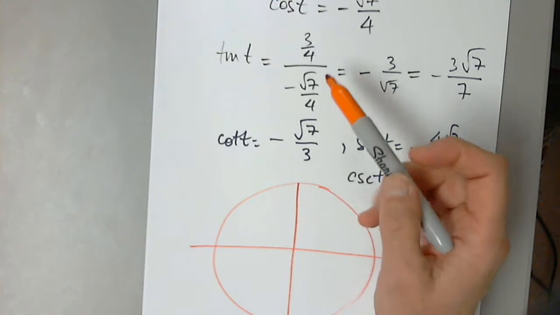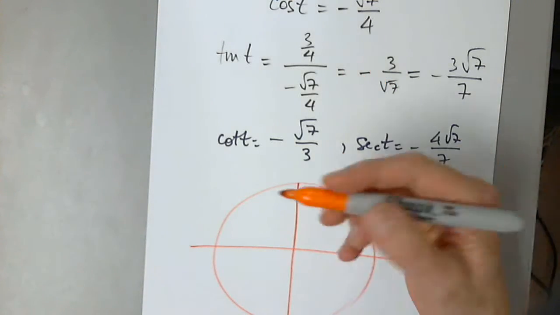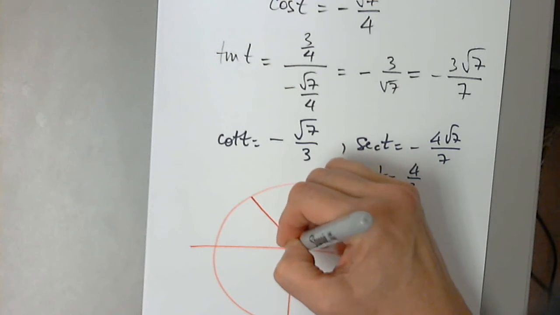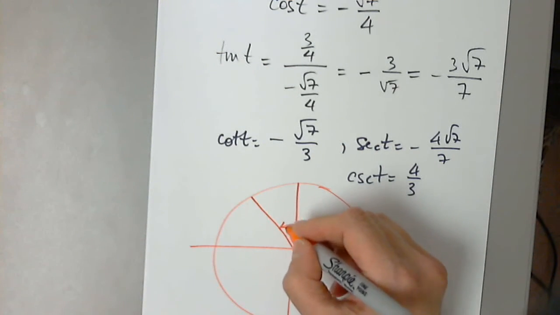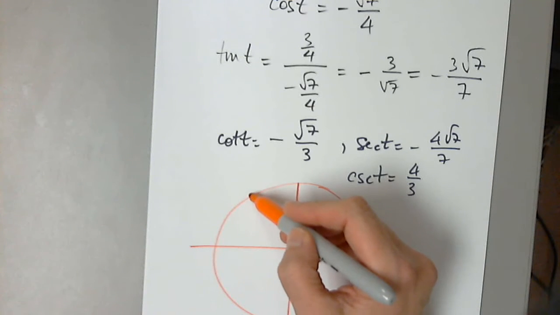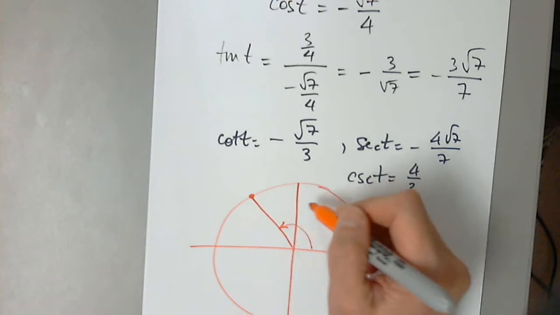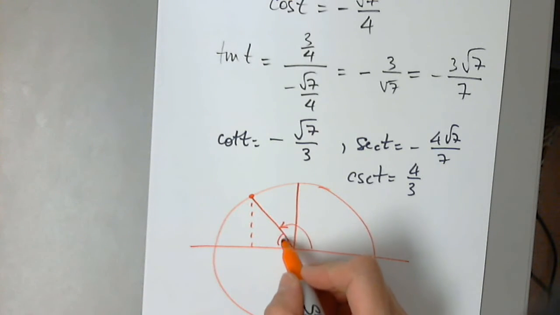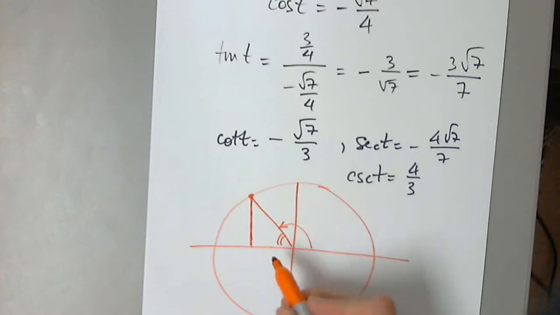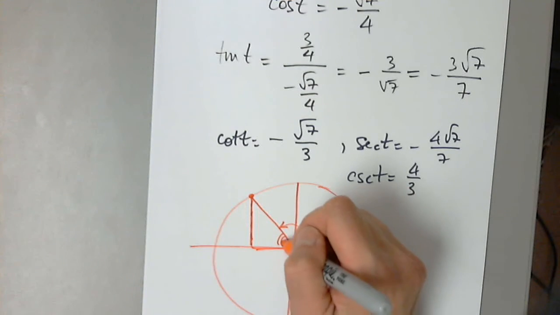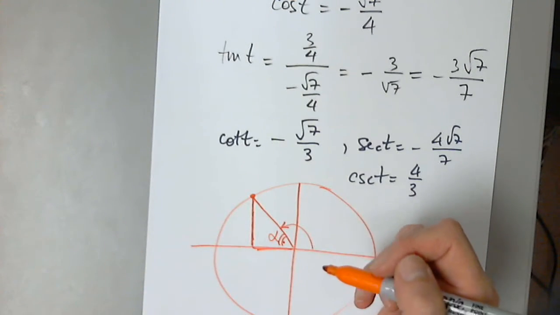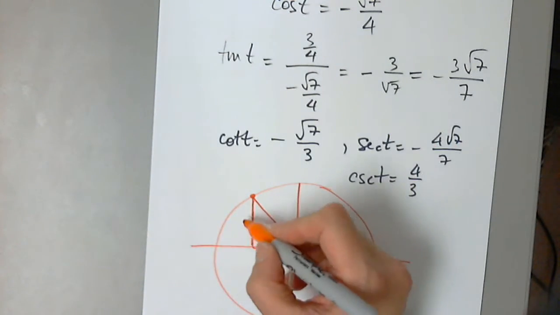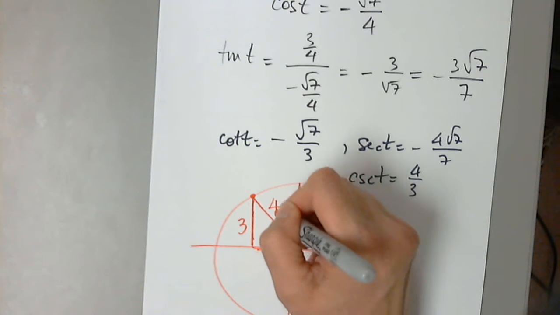You just draw an angle in the second quadrant, and this is your reference angle. I'm going to call the reference angle alpha. Sine of alpha is 3/4, the opposite over the hypotenuse.